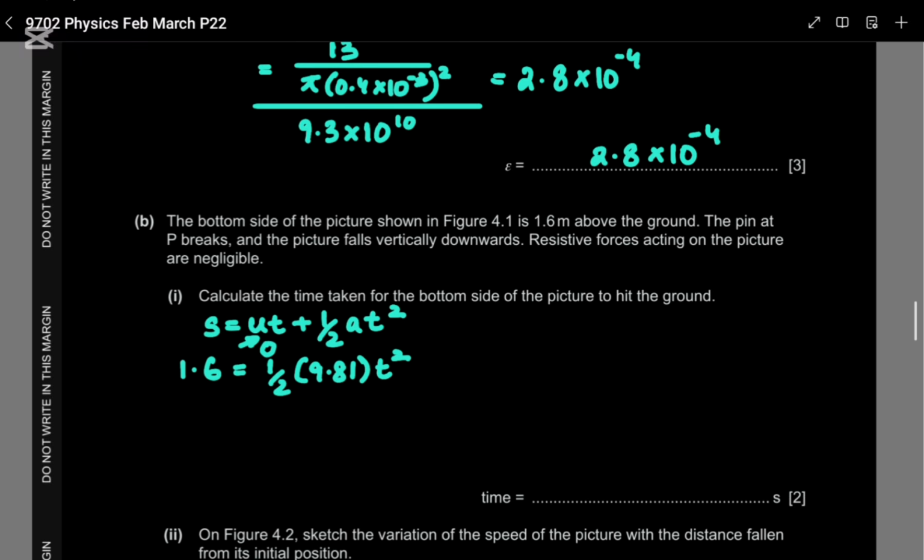Now, why is initial velocity 0? Some of you might be thinking it's because it was initially at equilibrium. Okay, it was held at a point P, and then all of a sudden it just falls. So initial velocity is 0.